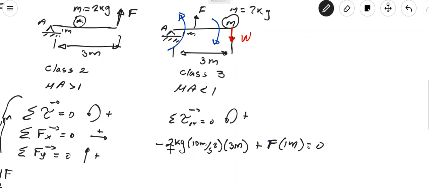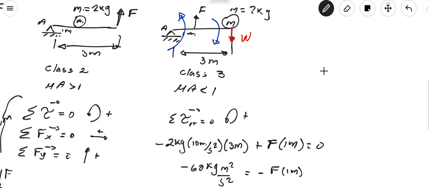So if I multiply now here, negative 2 times 10 is negative 20, negative 20 times 3 is negative 60. So I have negative 60 kilograms meter squared over second squared equals negative force times 1 meter. Negative and negative will be positive, so I don't worry about the negative signs here.